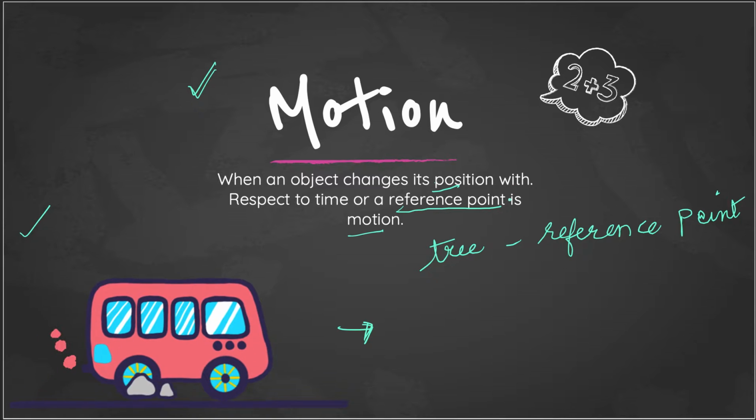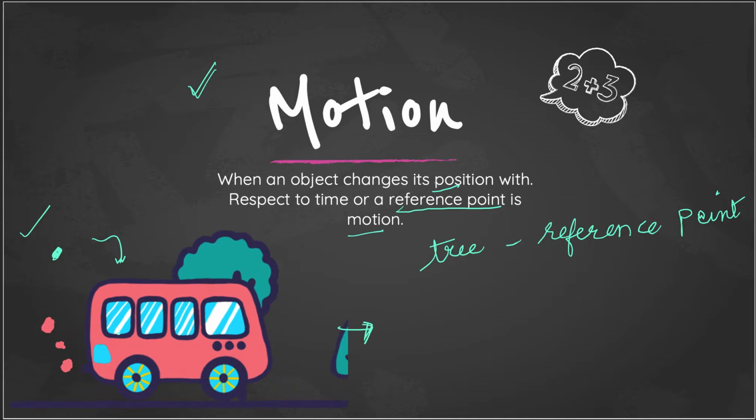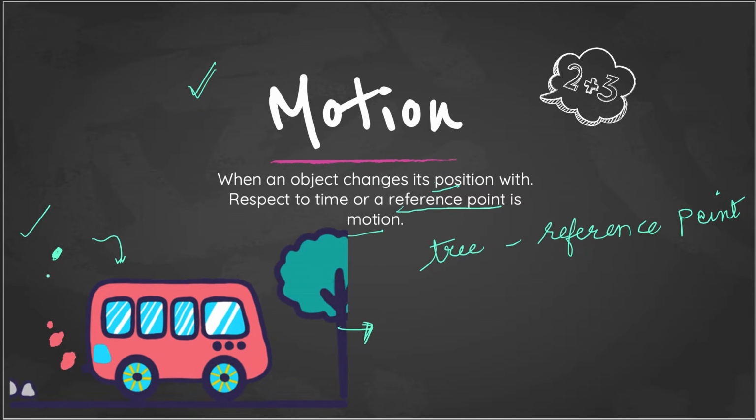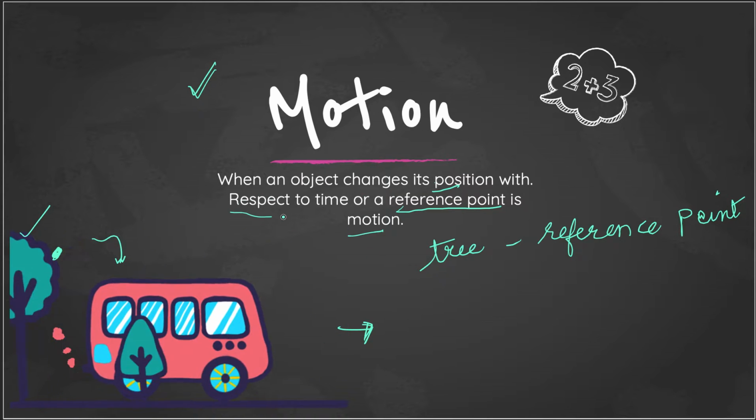A reference point is a point through which we can conclude a particular position of the object. Okay, so this tree became our reference point, which helped us in concluding the direction or the position of the bus, and it has to be with respect to time.